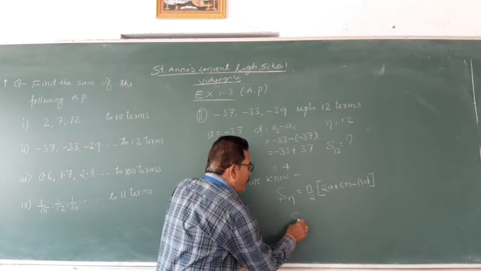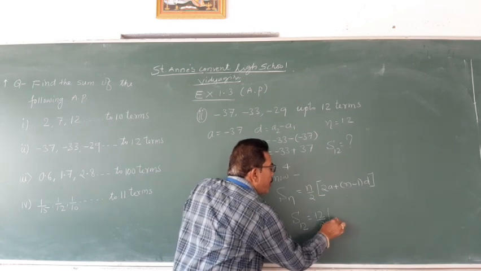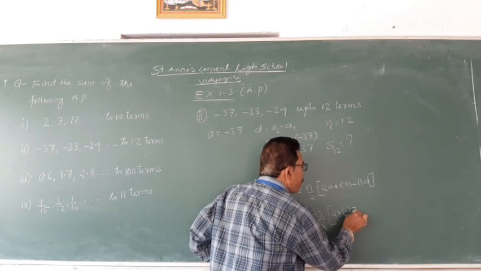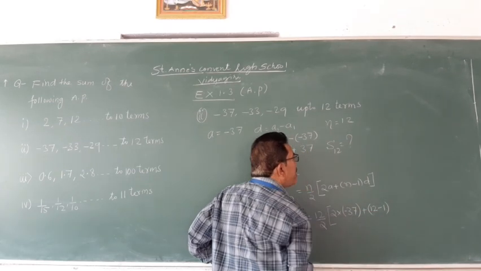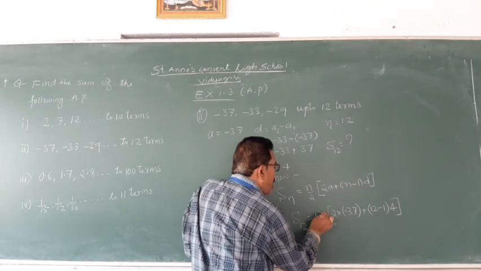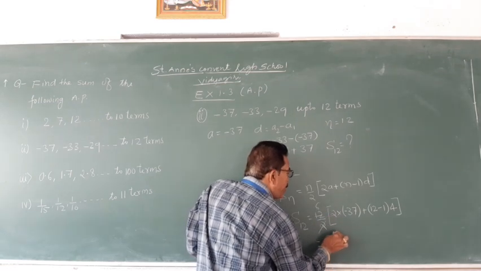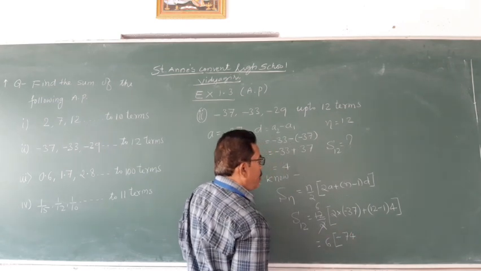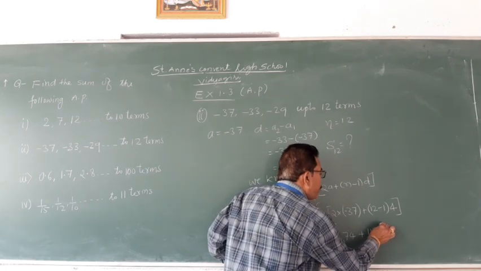So S12 equals 12 by 2, that is 2 into a, a is minus 37, plus (12 minus 1), d is 4. 2 sixes are 6 in the big bracket, minus 74, then plus 11 into 4.